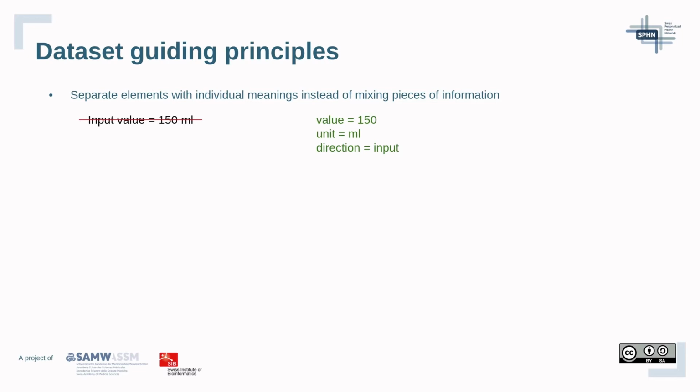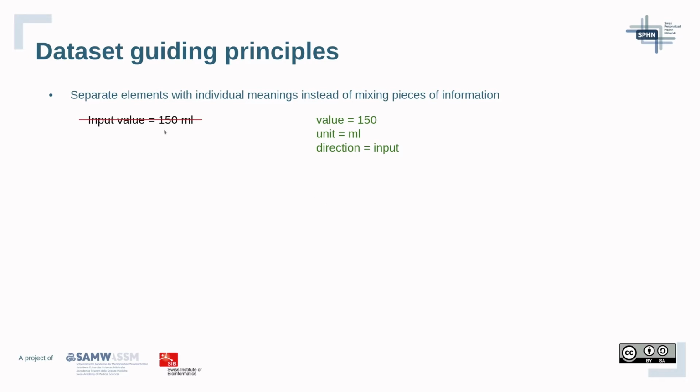There is a certain set of guiding principles that the dataset defines that needs to be followed when a concept is being defined. And this is a critical step to ensure that the meaning of the element that we would like to represent is represented correctly and is processable correctly by any user.